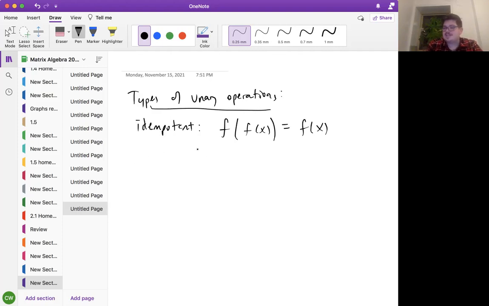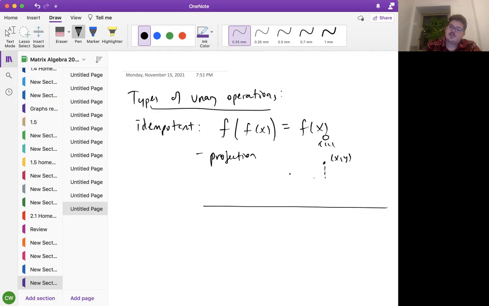And what's an example? It doesn't even have to be matrices. Can you think of an example of something where if you do it twice, it's the same thing as doing it once? One example I like to use is projection. If you have a point on the plane, and projection means just like maybe shine a light.